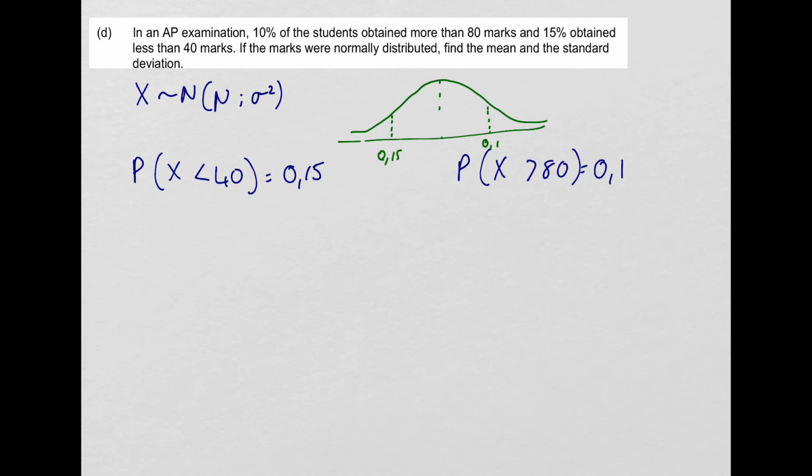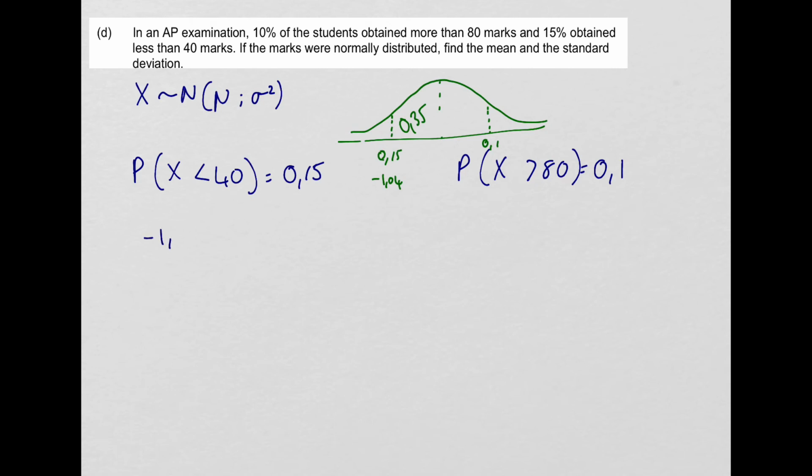We then look up 0.35 on our distribution table, and the closest area is 0.3508, which gives us a corresponding z-score of 1.04. But remember, it's negative. In other words, this value here is negative 1.04. You must put the negative in because it's to the left of the mean. If you don't, you're going to get an incorrect answer.